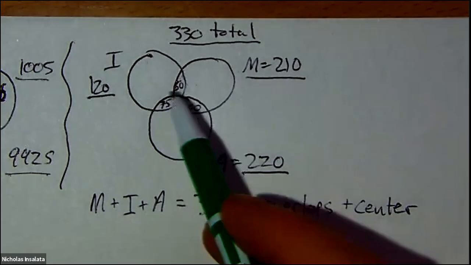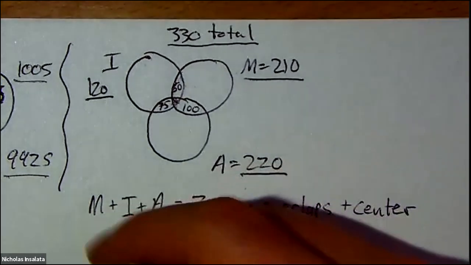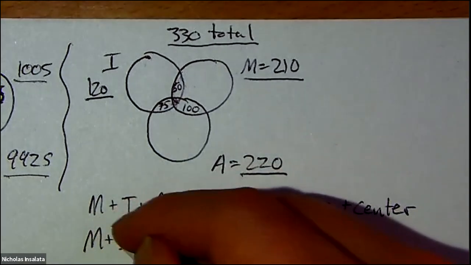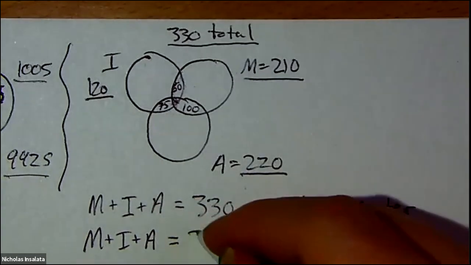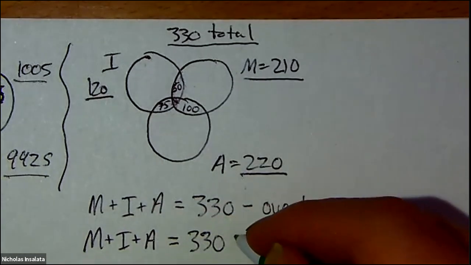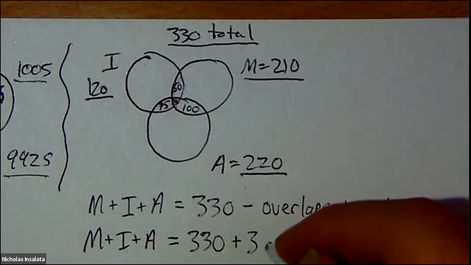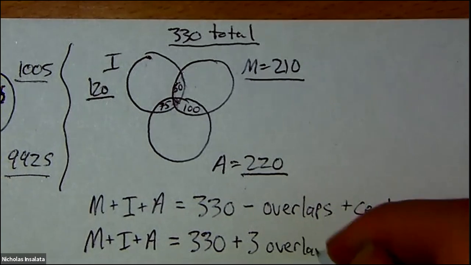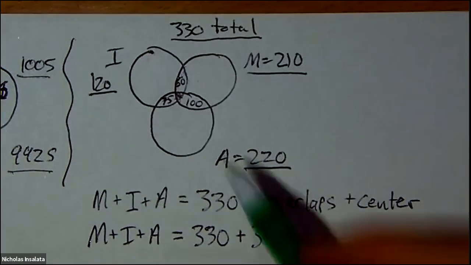So if I subtract off the overlaps, right? So in other words, if I do M plus I plus A, what's that going to be? Well, that's going to be my total 330 plus 3 overlaps, right? Which include the center.